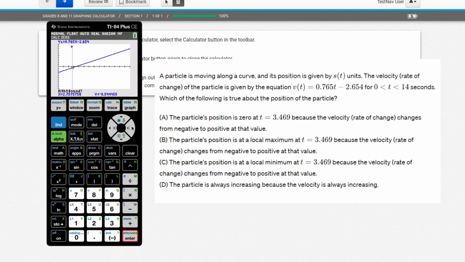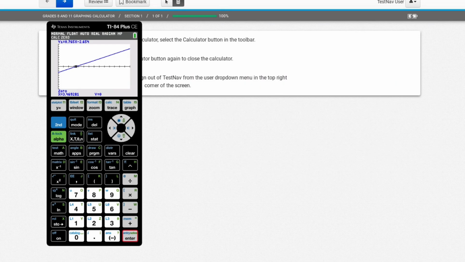If we put the left bound to the left of it, the right bound to the right of it, and hit enter for guess, we have 3.469, which is where our slope goes from negative to positive. So let's go back and diagnose what that means.